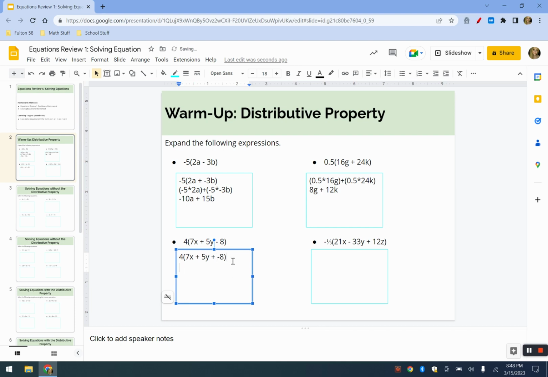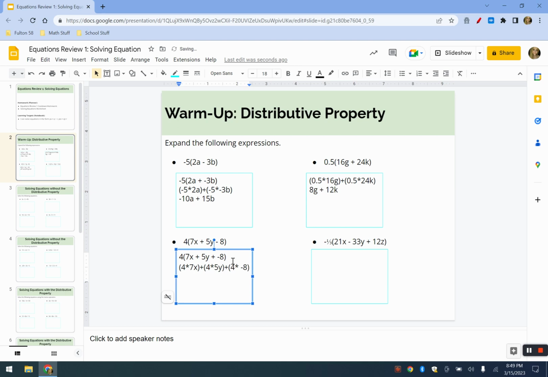So now we can multiply: 4 times 7x, plus 4 times 5y, and 4 times negative 8.